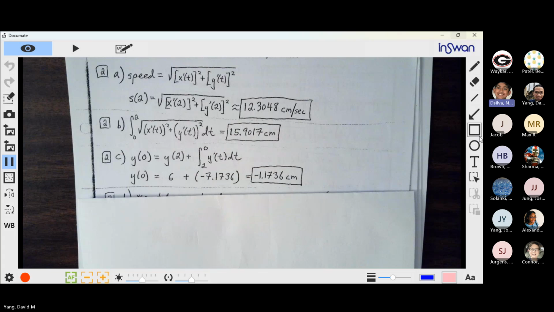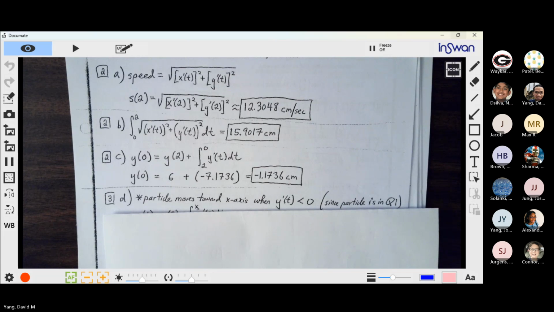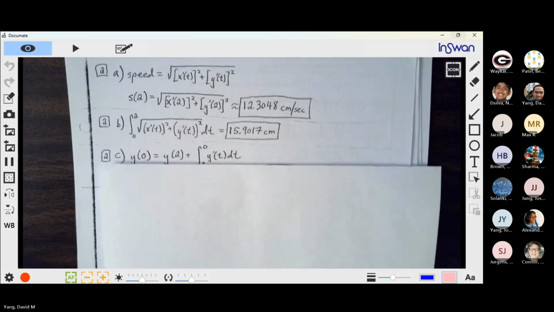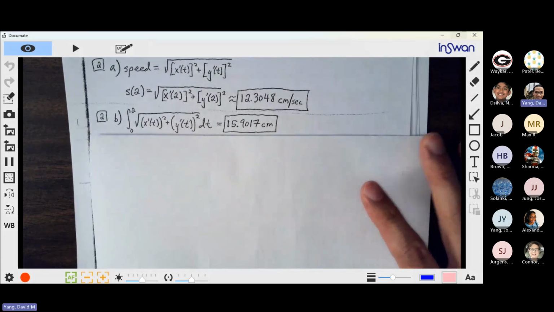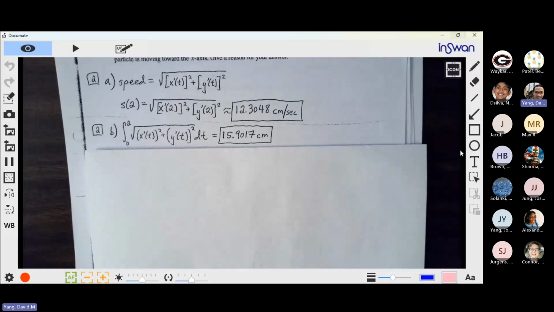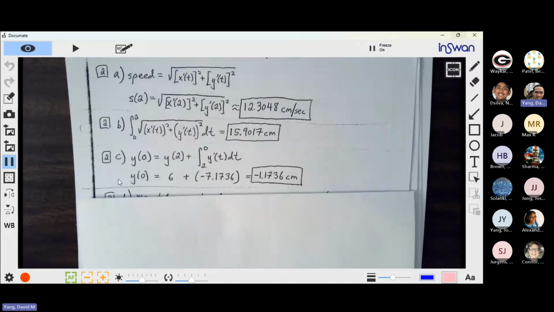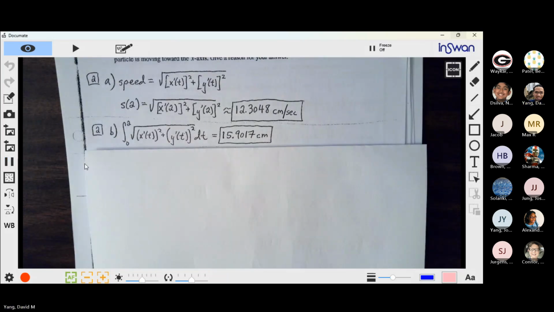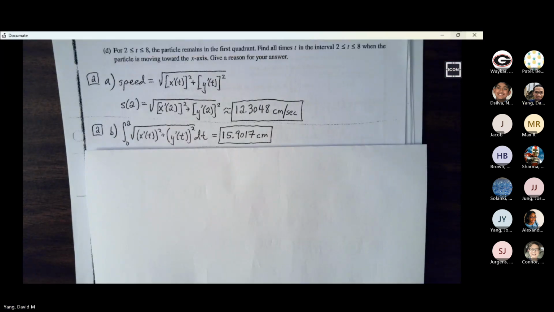Mr. Yang, are all the particle motion formulas on the formula sheet for BC? Remember on your AP exam, you're not going to be given any calculus formulas. Do you know what formulas they'll give you? Yeah, no, I meant the one on your website. Oh, right.